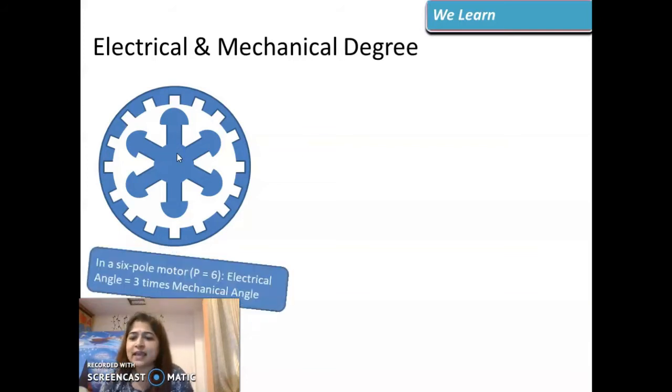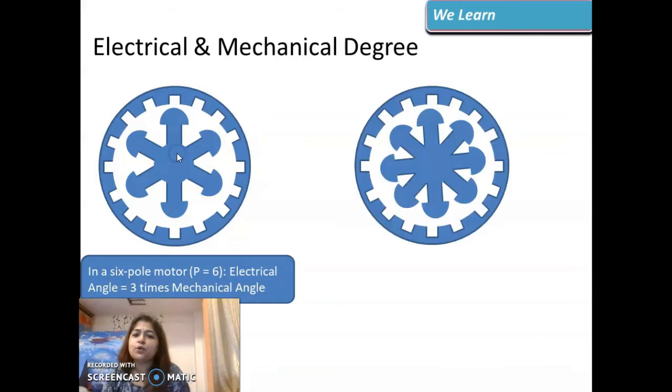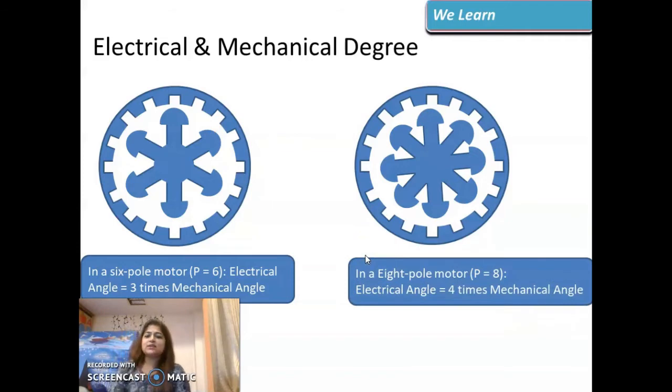So in a six pole machine, the electrical angle is 3 times the mechanical angle, because it is mechanically 60, electrically 180 degree. Finally, for an 8 pole machine, the angle between two adjacent poles is 45, but the electrical angle is as usual 180 degree. So the electrical angle is 4 times the mechanical angle.